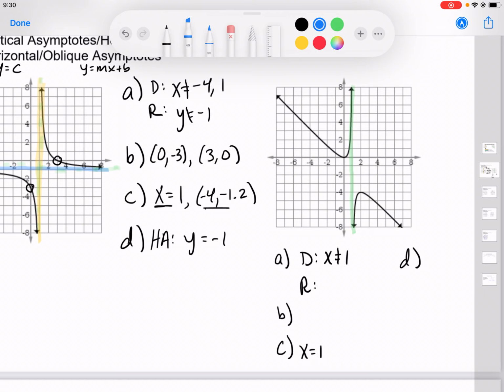Now when it comes to range, to oblique asymptote, because that's what I'm going to do next. What you're going to do is just kind of roughly draw a line, and then where it looks like you're kind of getting there, to me it looks like it's about right here. So we're starting at -1.